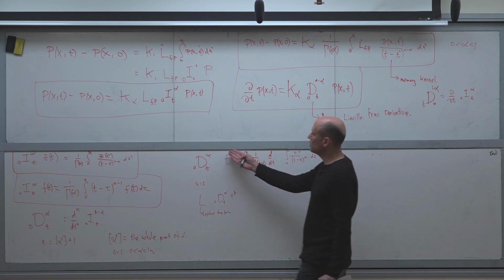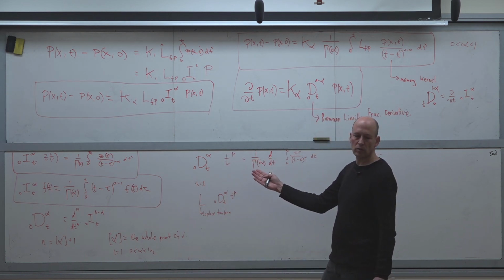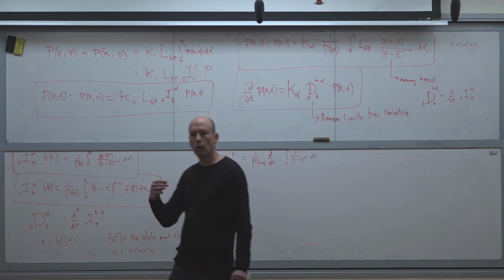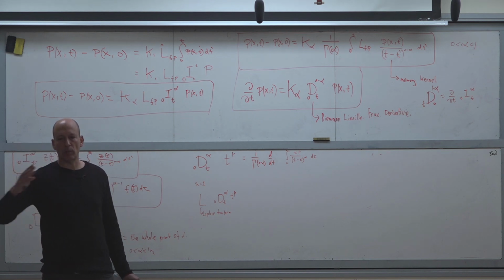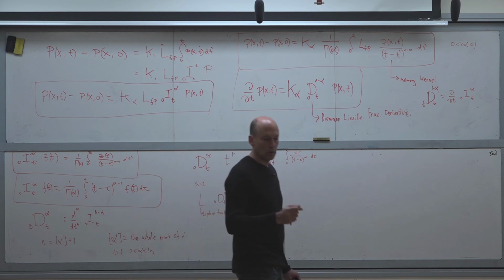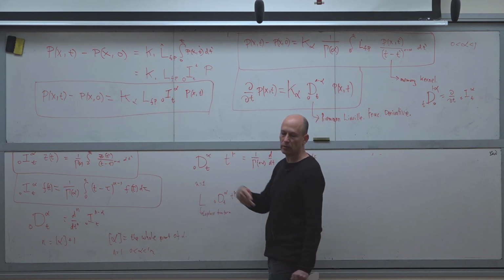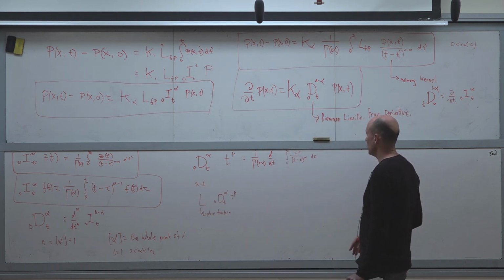By the way, once we get this result, let's say we have a function, cosine t, and you want to take the derivative of cosine t. What do you do? You expand it in a Taylor series up to infinity, and then you take term by term derivatives, and then you have the derivative of the function. So for any analytical function, once I know this derivative, I can take the derivative by a series expansion.